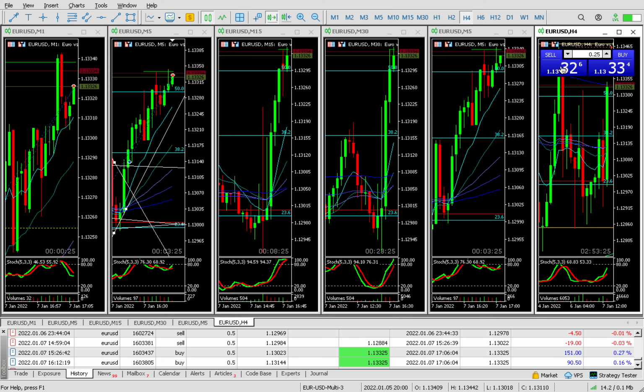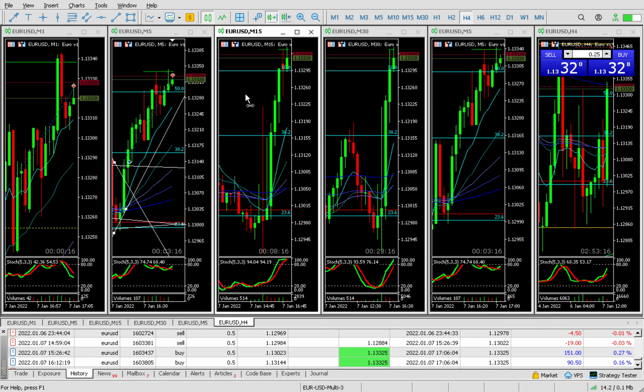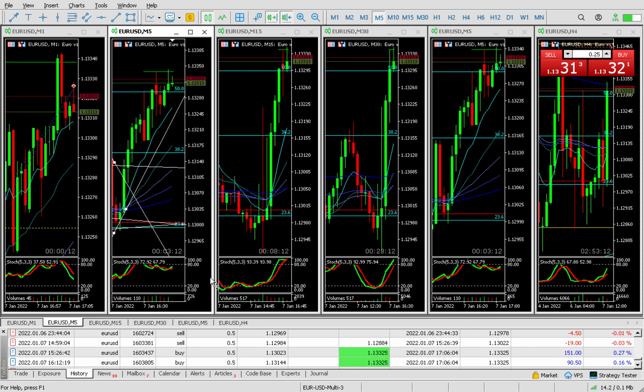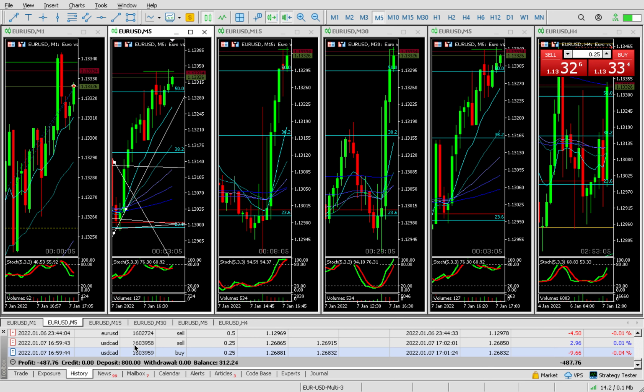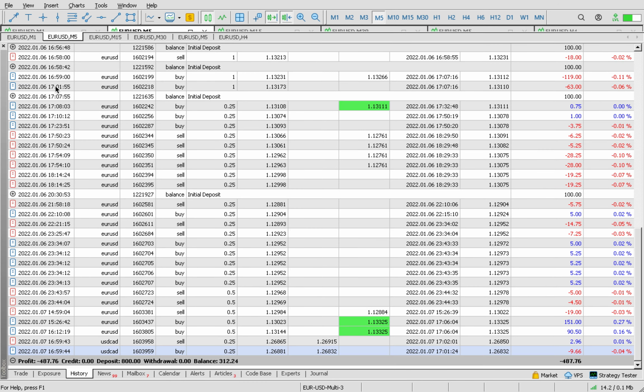Well, we need to see some bearish candlesticks on the 5 minute. One of my problems is I've always been too eager and too impulsive. So let's do this real quick.